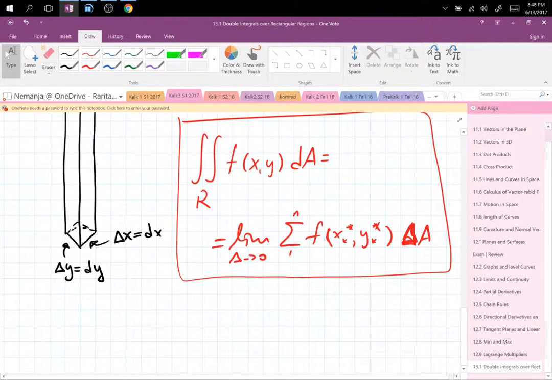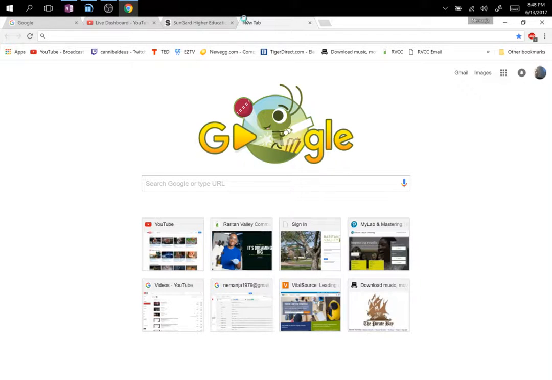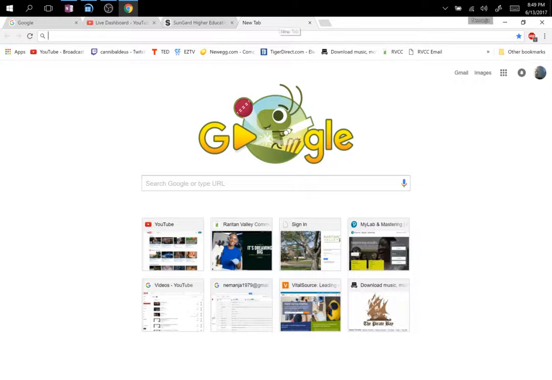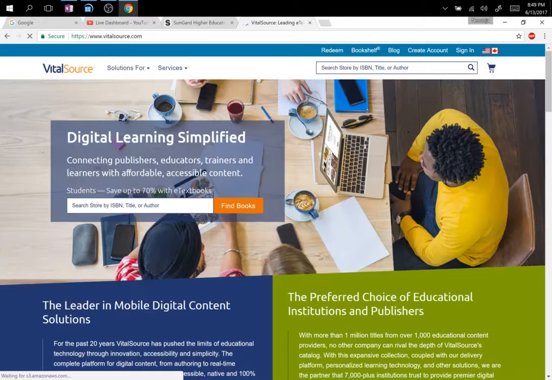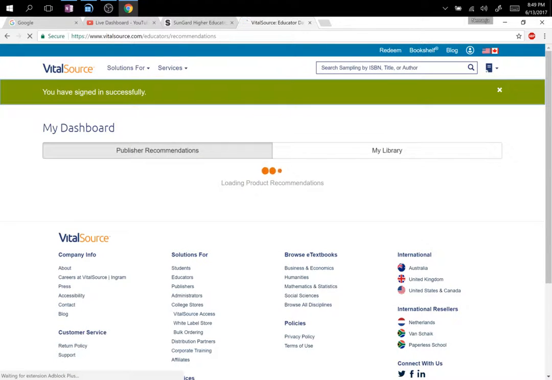Now, I want to talk a little bit about dimensions here. Let me see if I can show these French fry things from the source for textbooks.